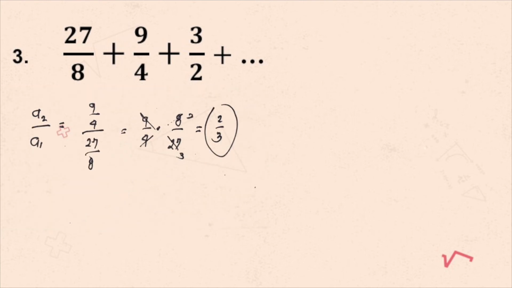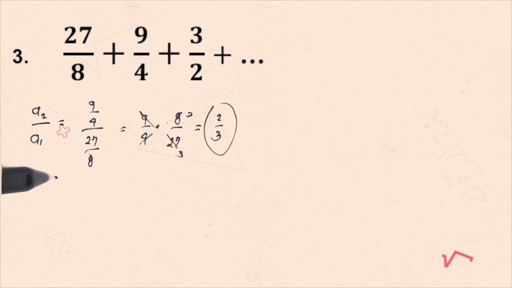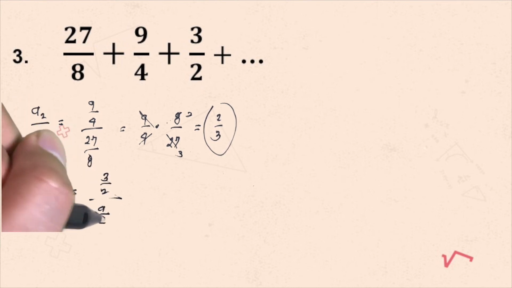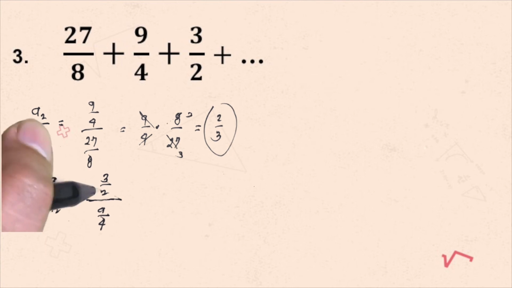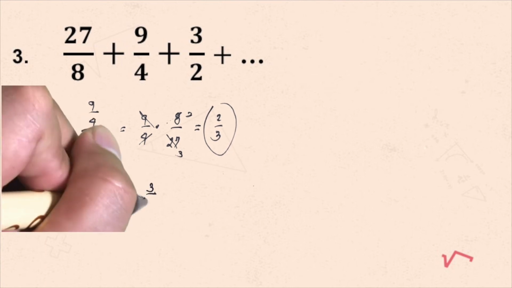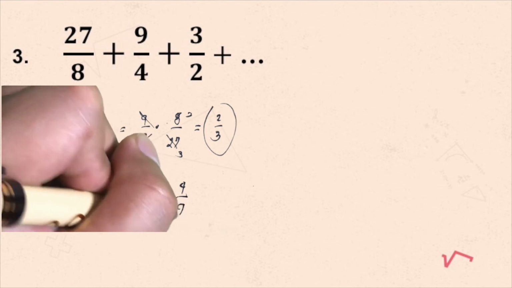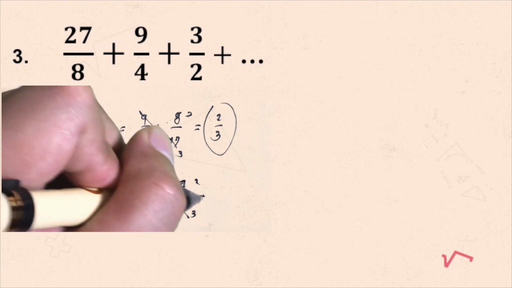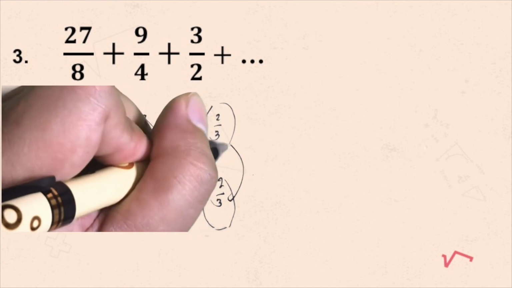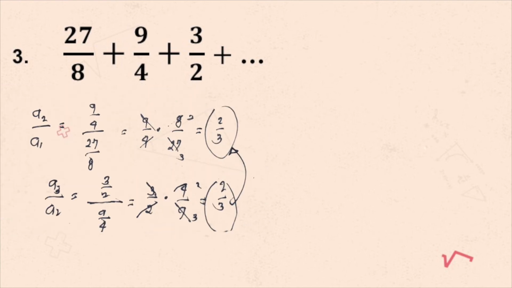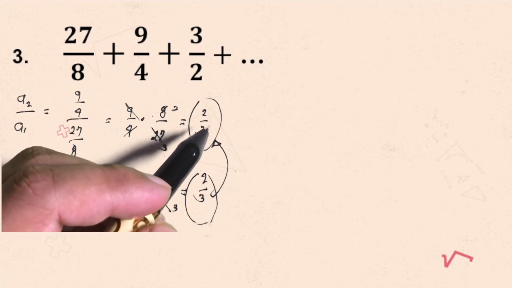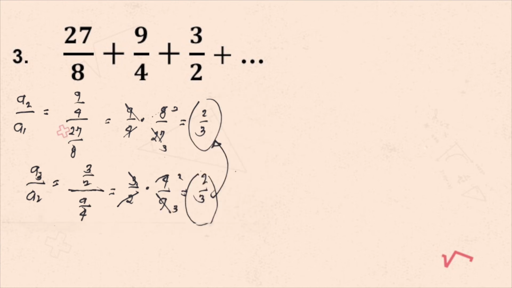So that's the ratio. Let's have the third term divided by the second term. So we have here 3 halves divided by 9 fourths. So this will be 3 halves times 4 over 9. Cancel, this will be 3. Cancel, this will be 2. Still, the common ratio here is 2 thirds. And we all know 2 thirds is less than 1. So therefore, number 3 has a sum.